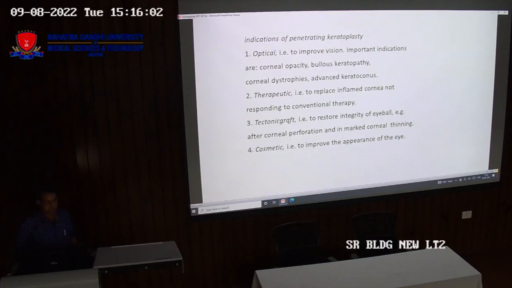Therapeutic indications are to replace the inflamed cornea which is not responding to conventional therapy, like in corneal ulcers. Tectonic graft is to restore the integrity of the eyeball, that is after corneal perforation or in marked corneal thinning. And cosmetic is to improve the appearance of the eye.